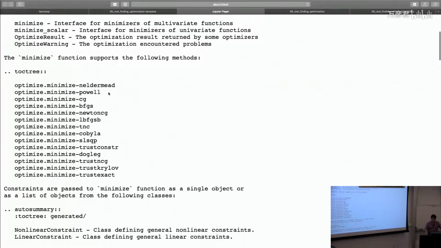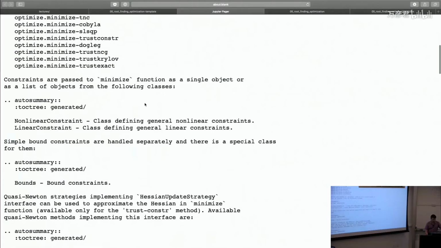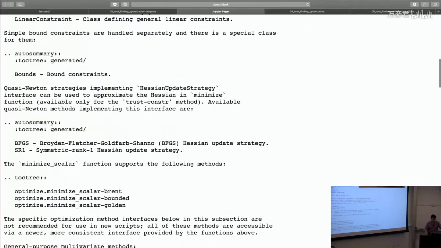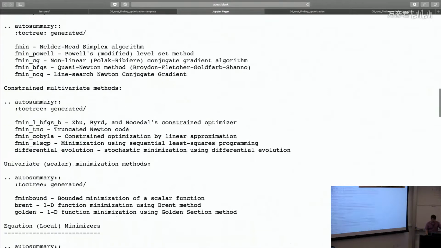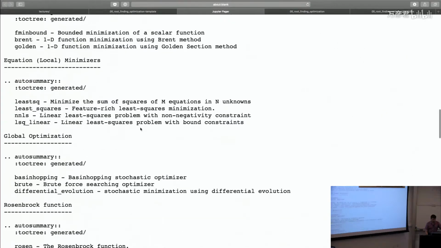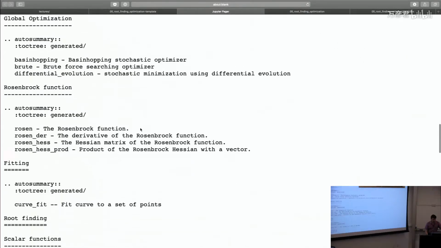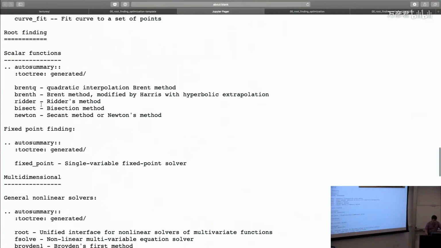You can see different ways to, in general, minimize something. You can look at how to define bounds. You can see that there's scalar versions of the golden section search. Brent, we didn't talk about very much, but it's another example of that. And this also includes various root finding algorithms, down here at the bottom somewhere. So here we have another Brent, bisection, Newton.